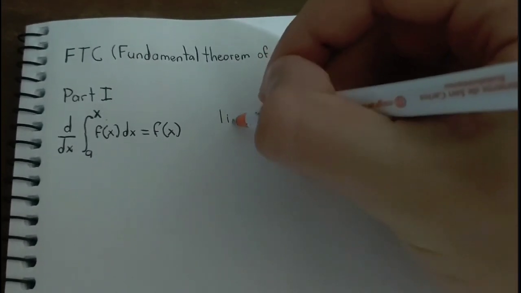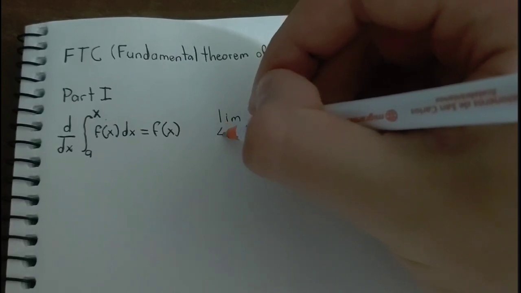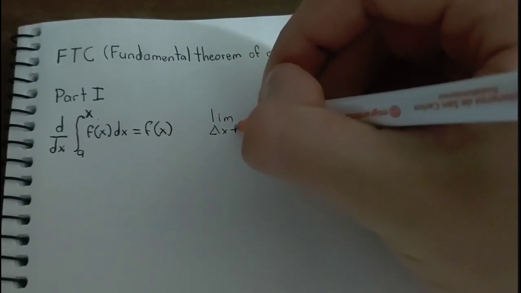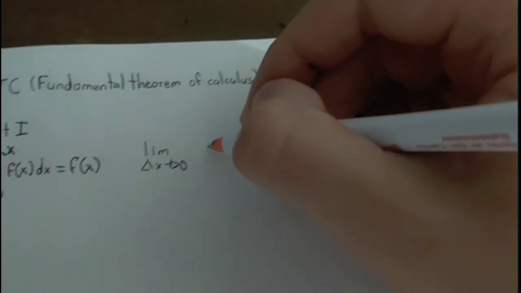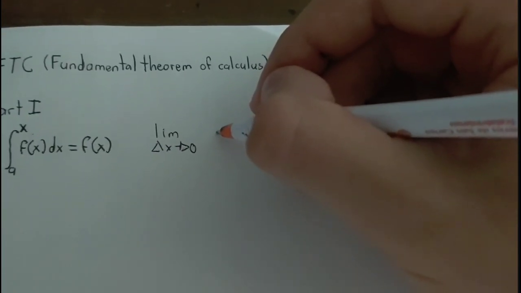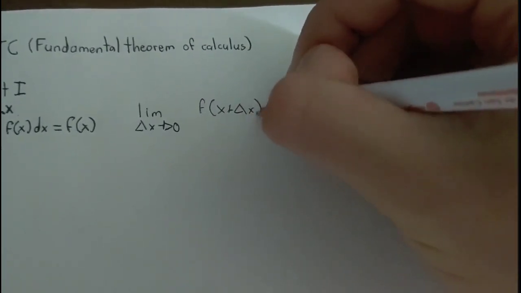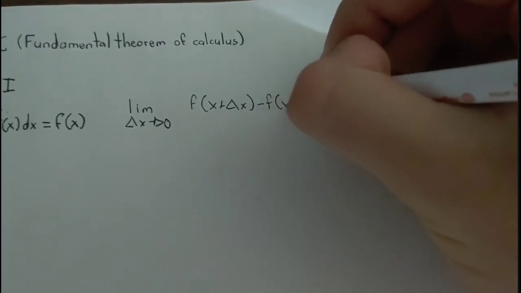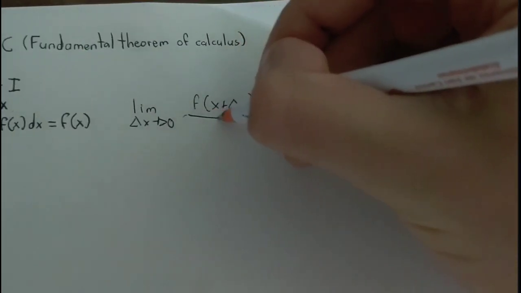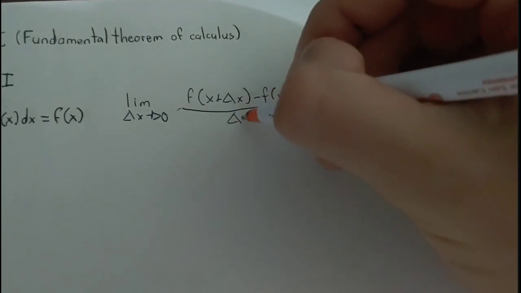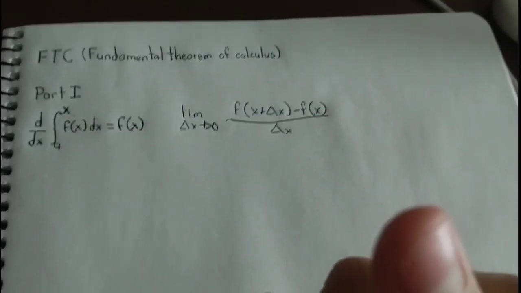This is the limit as delta x, or maybe h as you want to write it, of f of x plus delta x minus f of x over delta x, which is the definition of derivative.